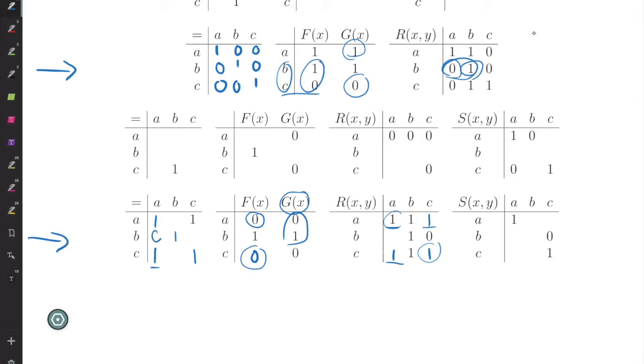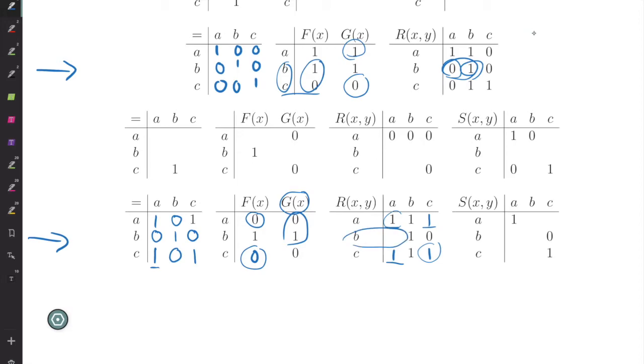B is not equal to A, that means A is not equal to B, and since A is equal to C, that means B is not equal to C either, and neither is C equal to B. So can I fill out anything over here?